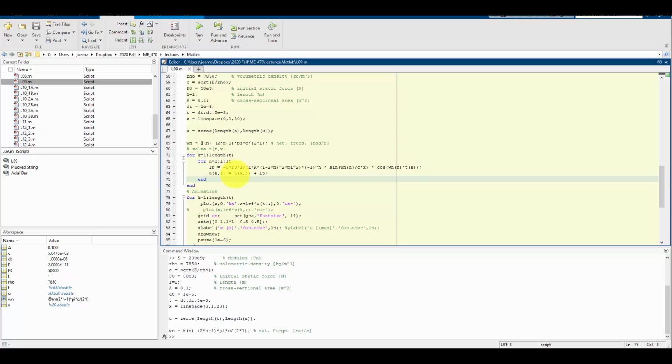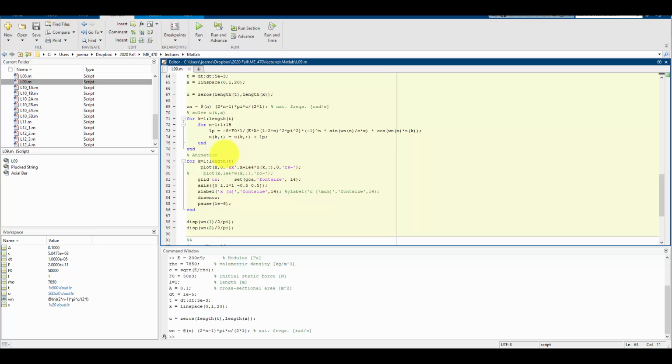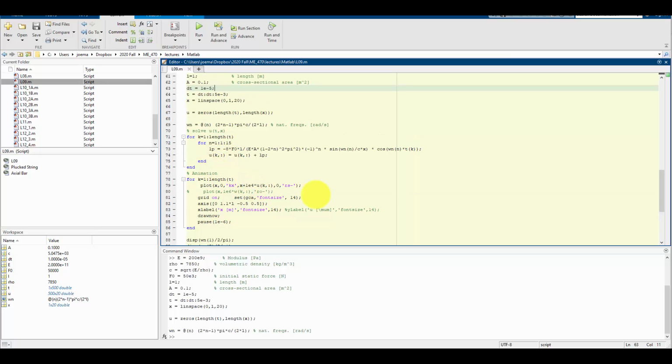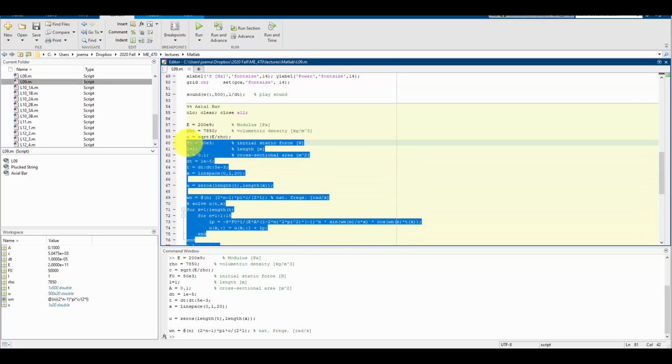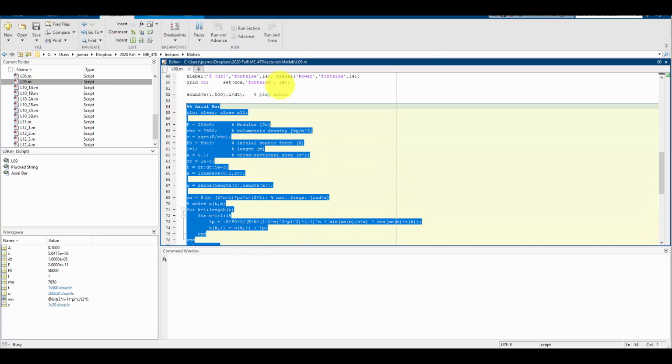So this is going to give me my u, my deflection for all of my points. I'm going to take initially 20 points here over all of my time steps, which I'm taking these very small time steps here, about 10 microseconds. Right, and then I'm going to animate that, and we'll see what that looks like. So let me just run up to that point.